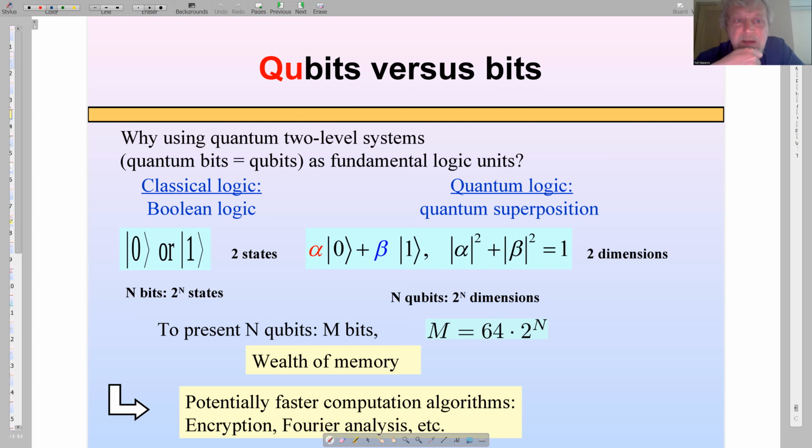Classical logic. All computers, all information processing at the classical level is based on, in fact, two-level systems. Classical bits. And these two-level systems can be in two states, either 0 or 1.